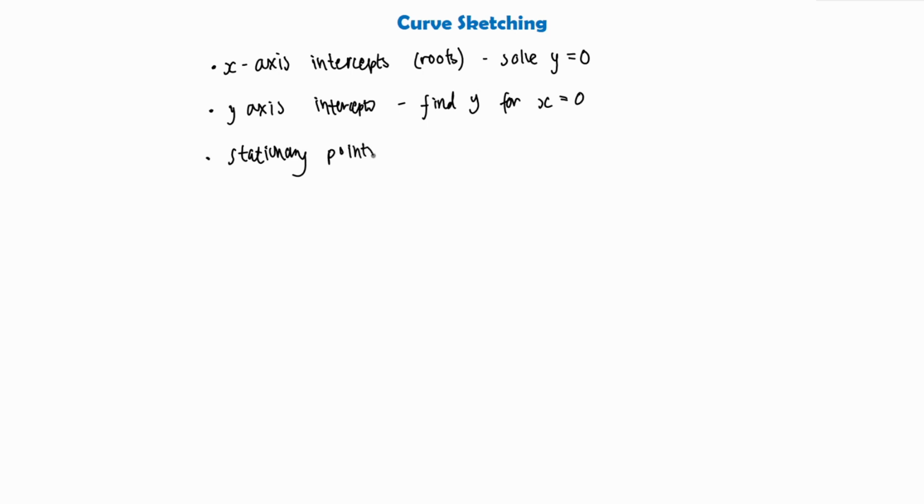We talked about turning points and things like that. But at Higher, we also need to know the nature of the stationary points, which we did talk about in our last video on determining the nature of stationary points. So be sure to go and check up on our last few videos before we get on to how to sketch curves.